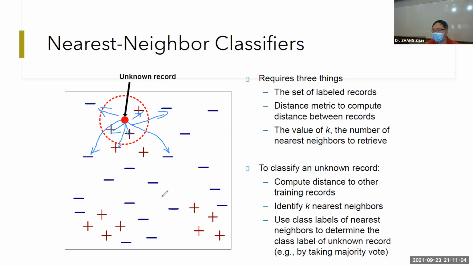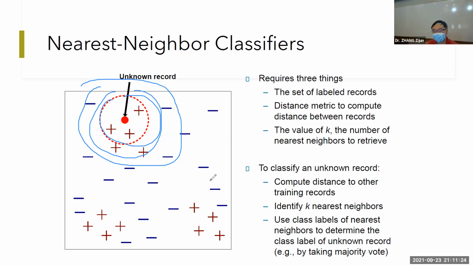How many observations are here? You compute that many distances. Then you do a sorting, a comparison, to identify the k nearest neighbors. For example, k equal to 3, then that's it. If k equal to 5, then probably that's it. K equal to 9, then we probably end up including some negative signs.